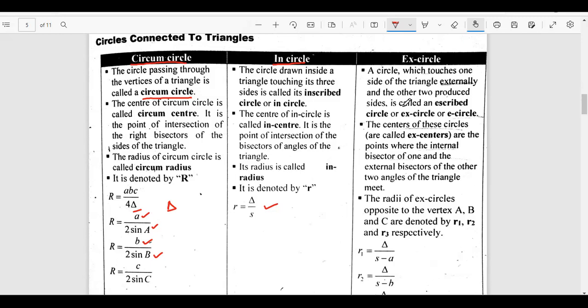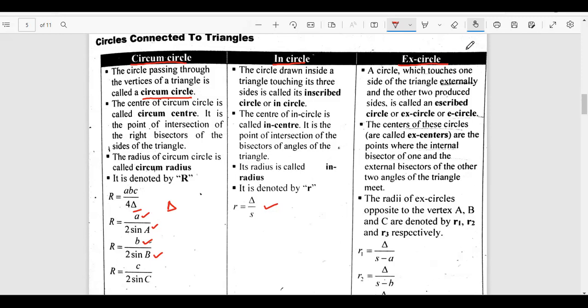All right. Let's talk about the excircle. What is an excircle? It is a circle which touches one side of the triangle externally and the other two produced sides, and is called an escribed circle or excircle, or e-circle. You have multiple names.